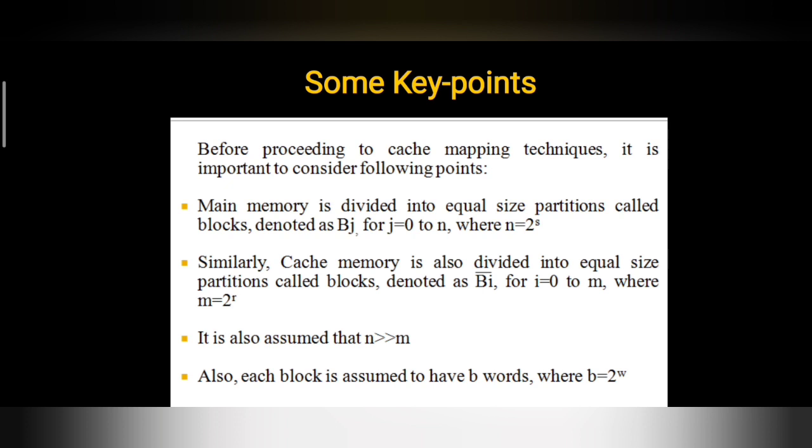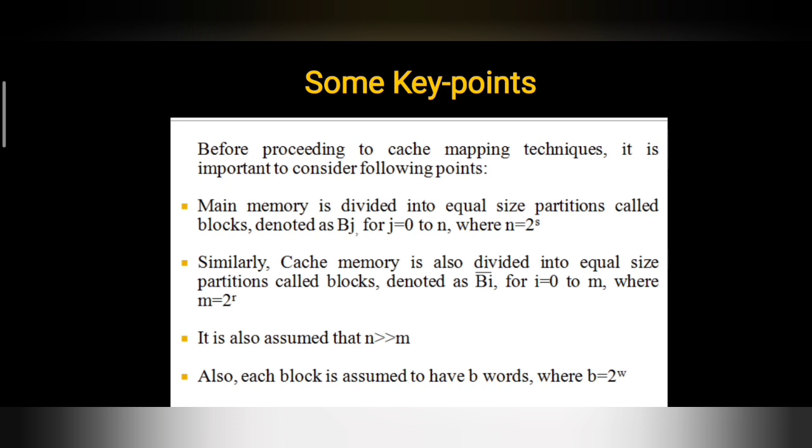Similarly, I'm also assuming that my cache memory is divided again into an equal number of partitions called blocks, which are denoted by B_i bar, where i is from 0 to m, which means that my cache memory has a total of m blocks, and m can be written as 2 raised to power r. Now, the next assumption says that n is quite a bit larger than m.